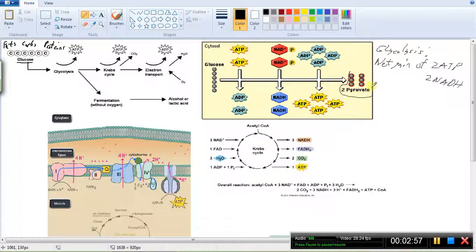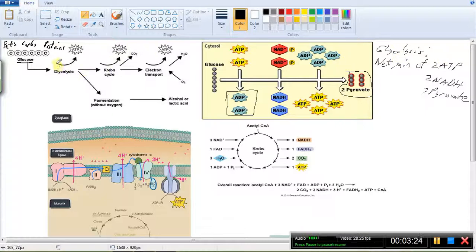Remember, this is important for the next step in the process. We end with 2 pyruvate molecules. Remember, they're also called pyruvic acid, so if you see pyruvate or pyruvic acid, that means the same thing. And if we want to be technically correct, we'd say we end with 2 ADP molecules also, but we take care of that with our net gain of 2 ATP.